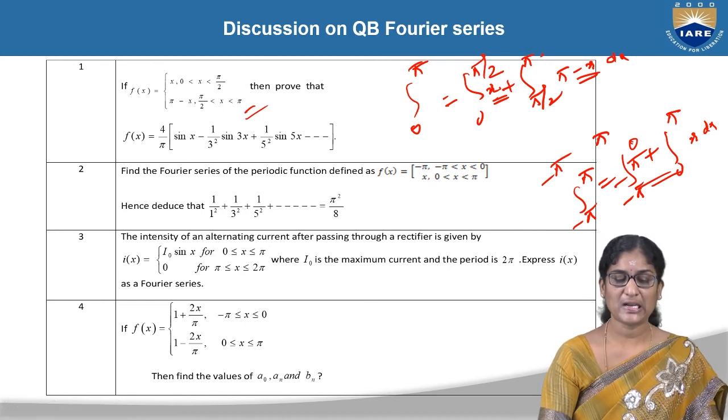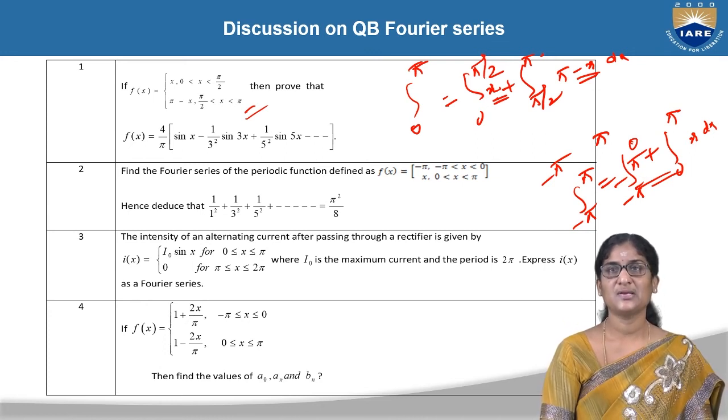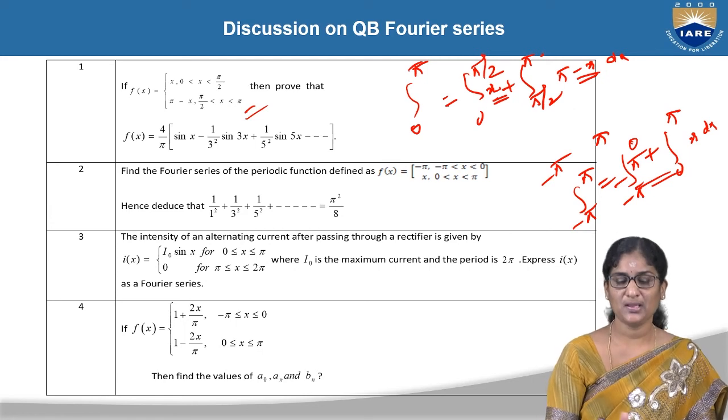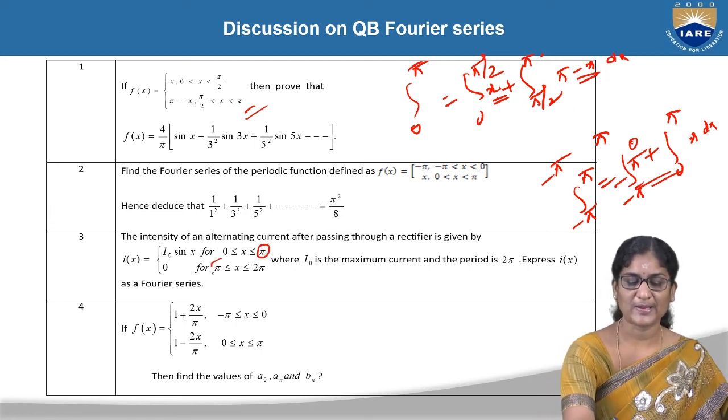The intensity of the alternating current after passing through the rectifier is given by I of x equal to I0 sin x for x between 0 and pi, and 0 for x between pi and 2 pi. Even here, the discontinuity exists at pi.